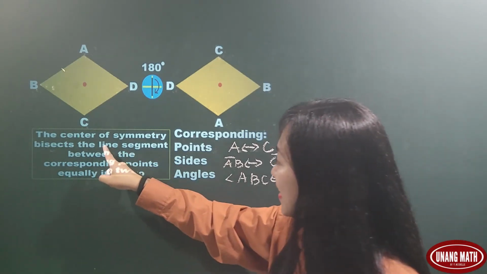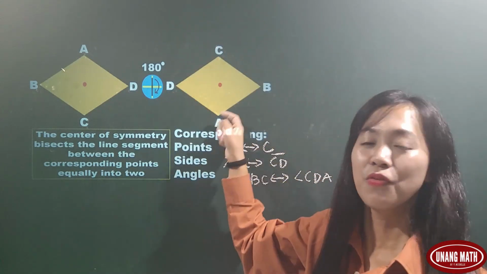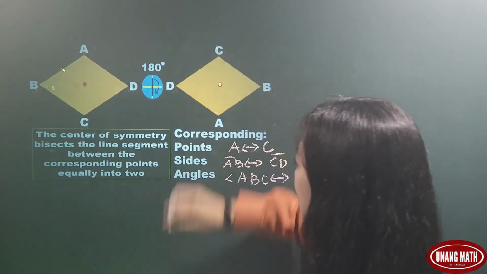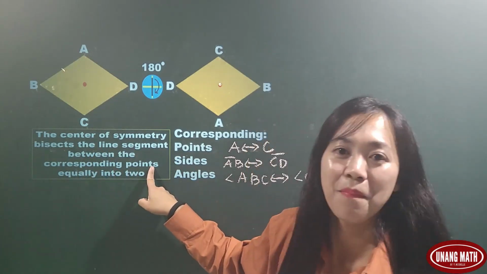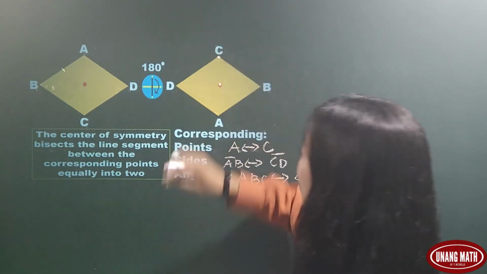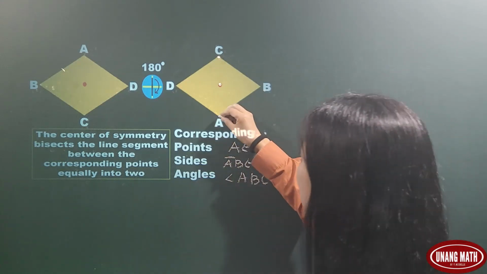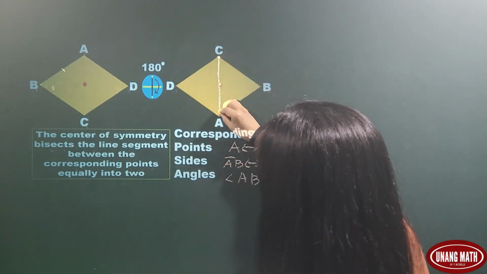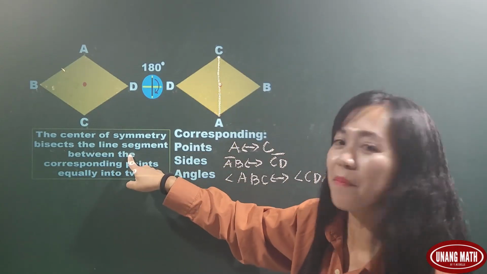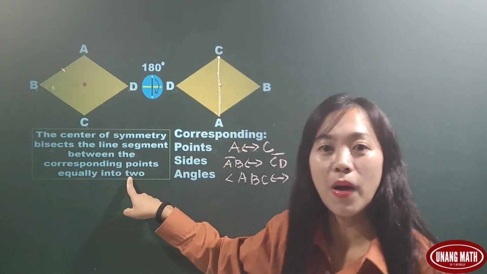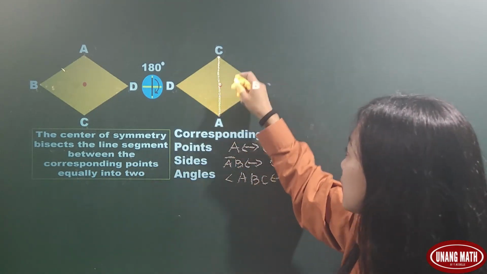Okay, so nasaan ang ating center of symmetry? So, in this figure, ito ay dito. Bisects daw the line segment between the corresponding points. So, this point corresponds to this point. So, this line segment, ang center of symmetry bisects the line segment into 2 equal parts or length.